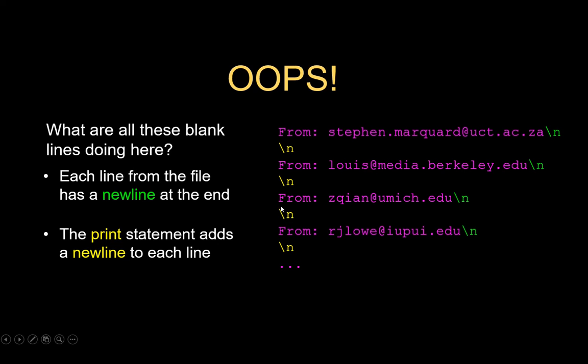The reason is the print function will add an additional new line, and on top of that we have a \n at the end of each line of the file that we read. So the yellow \n is from the print function, and the green \n are from the file that we opened. So that's how we end up with the empty line between these outputs here.